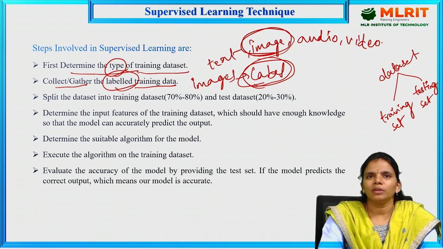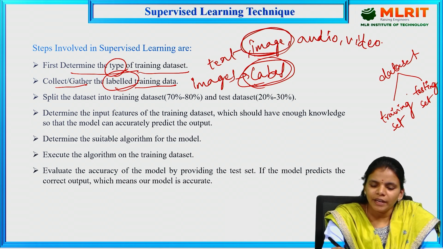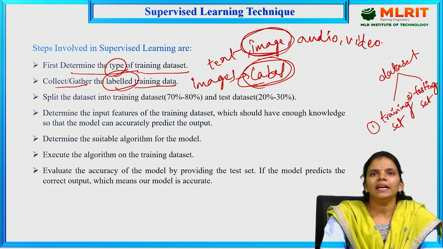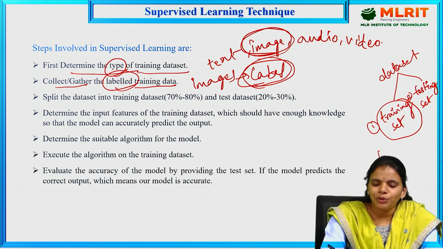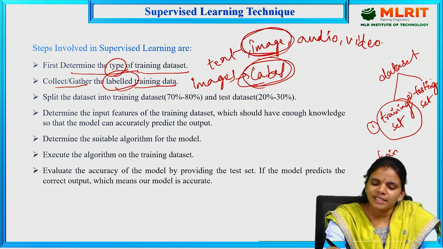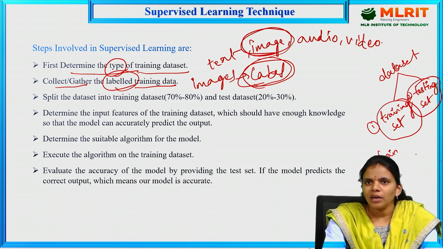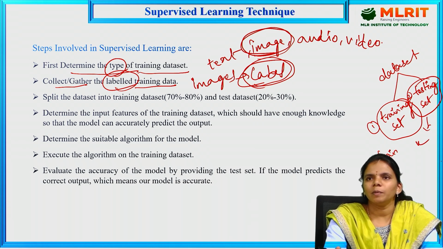So the data set you are using is split into two types: the training data set and the test data set. The training data set is used to train your computer system, and the test data set is used to test your computer system or the machine learning model, to check whether that model is working properly or not. So this is the purpose of the testing data set and the training data set.